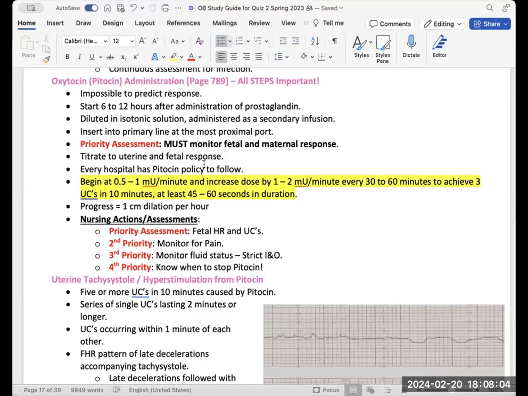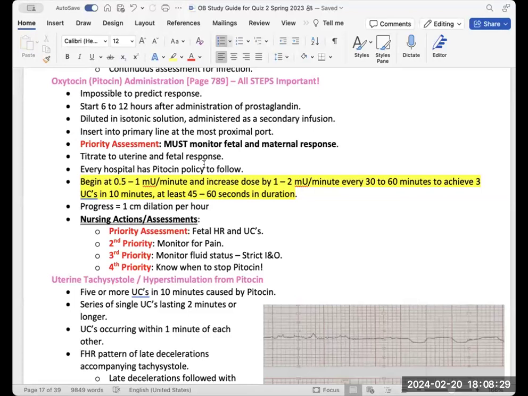It is diluted in ice. When I say it, oxytocin is diluted in the isotonic solution and administered as a secondary infusion. Know that. The primary line, which is that isotonic, right? So the Pitocin is going to be the secondary, and the isotonic is going to be the primary, okay?